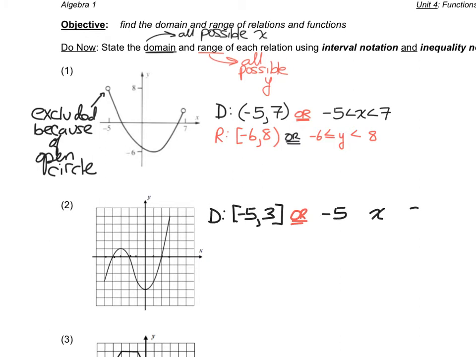I know I'm dealing with only x values. What are my inequalities? I mean, we literally just did it. Square bracket goes with less than or equal to.